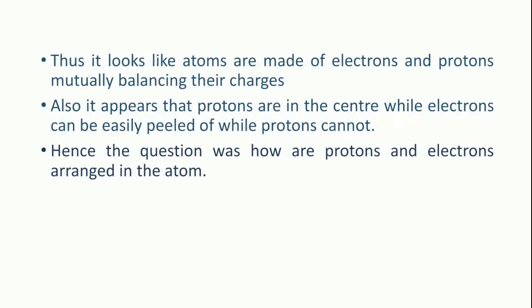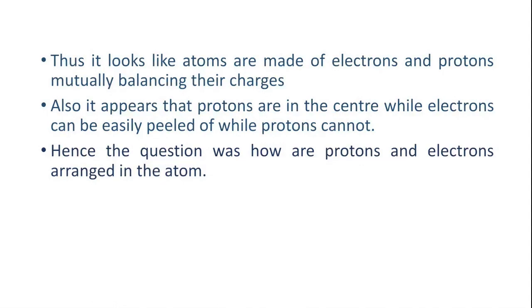Thus, it looks like, ma'am, we know that atoms are made up of electrons and protons, and their charges are balancing. Electrons are revolving around the nucleus, so the protons will not revolve.